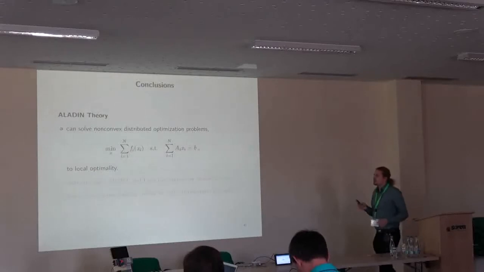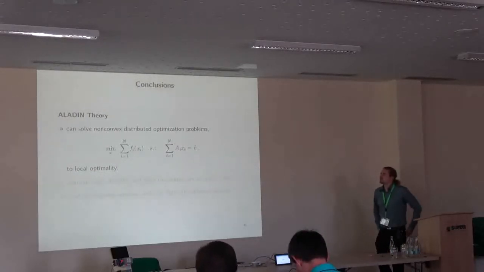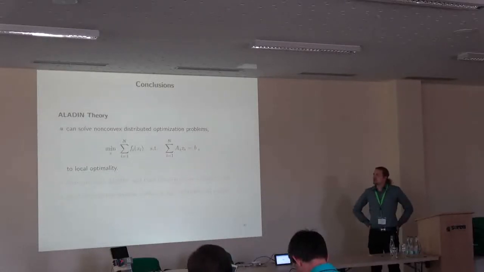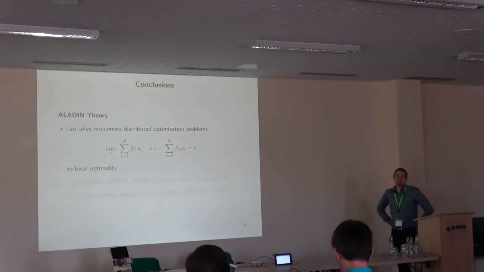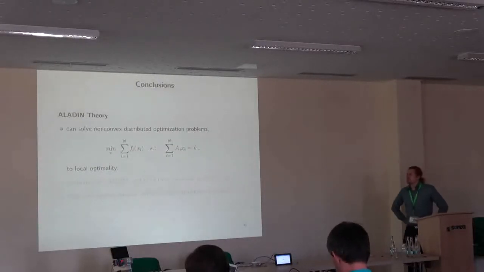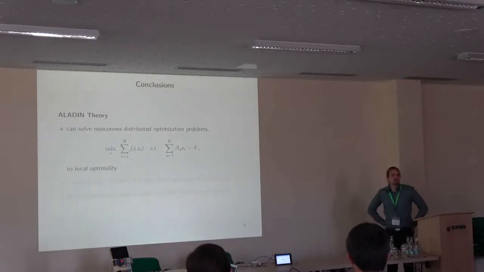So what I tried to point out in this talk is that there's this really new solver called Aladin, which we published in 2016. So it's really very recent work. I do this together with my PhD student Üning Zhang, and we've published the basic solver in the SIAM Journal on Optimization in 2016, and we are now working on a lot of updates, refinements, and applications of the solver.